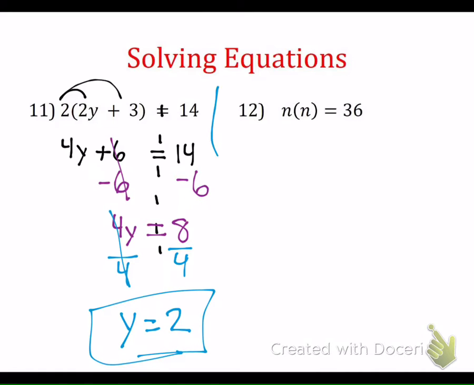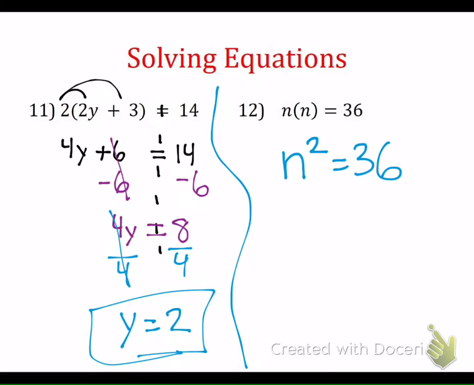What is n times n? 6 times 6. You're one step ahead of us. N times n is n squared equals 36. Good. Do you remember the inverse operation of squaring something?